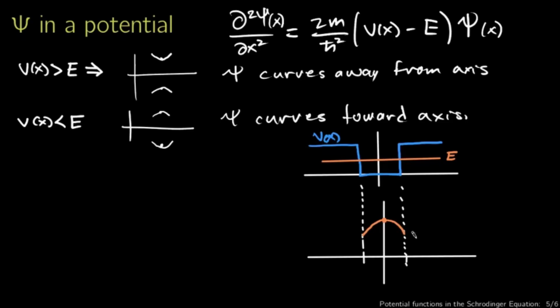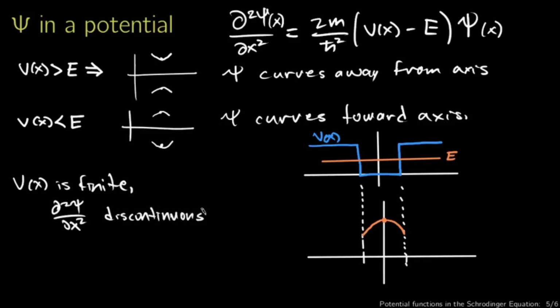Well, if you think about this, we can say a little bit more about what happens to our wave function when it passes a boundary like this. And the key fact is that if V of x is finite, then while we might have the second derivative of psi with respect to x being discontinuous, in this case, the second derivative of psi is just set by this difference.